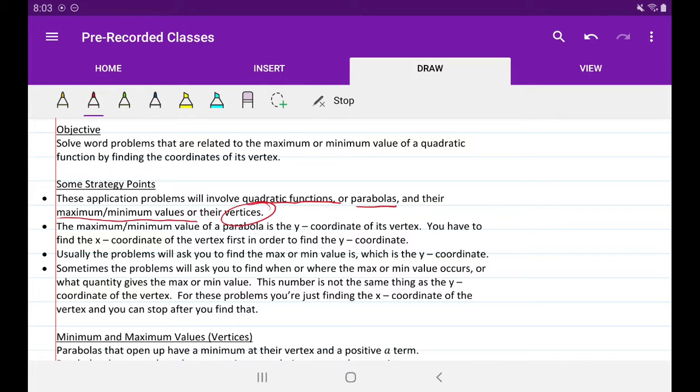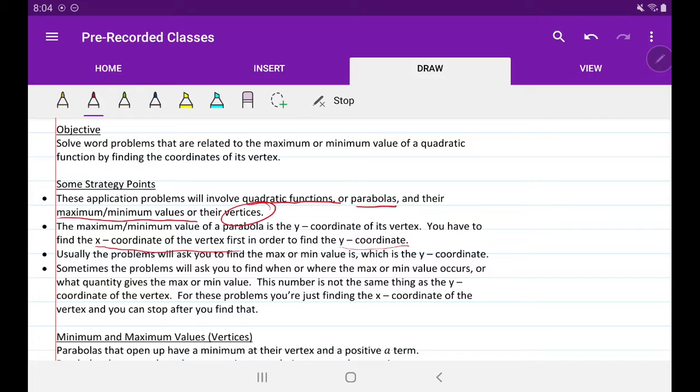Probably the most difficult part of doing all of these word problems is knowing if they're asking for the y-coordinate or the x-coordinate. You know that in order to find the y-coordinate, you have to find the x-coordinate first, right? So to find our x-coordinate, we do negative b over 2a, and then we can plug that in, and then we can find the y-coordinate.